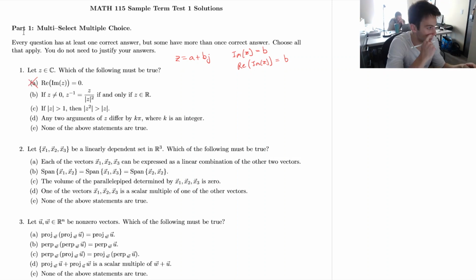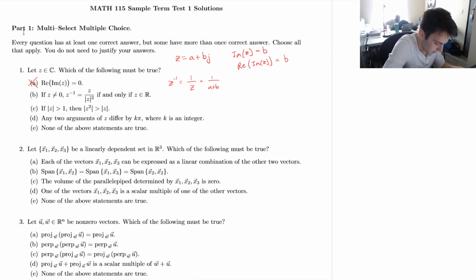Okay, so, second question. We're given: if z does not equal 0, then the inverse of z equals some formula. So let's just take the inverse of z and rationalize it to see if we can get that form. We've got 1 over z, or 1 over a plus bj, and we just need to rationalize it.